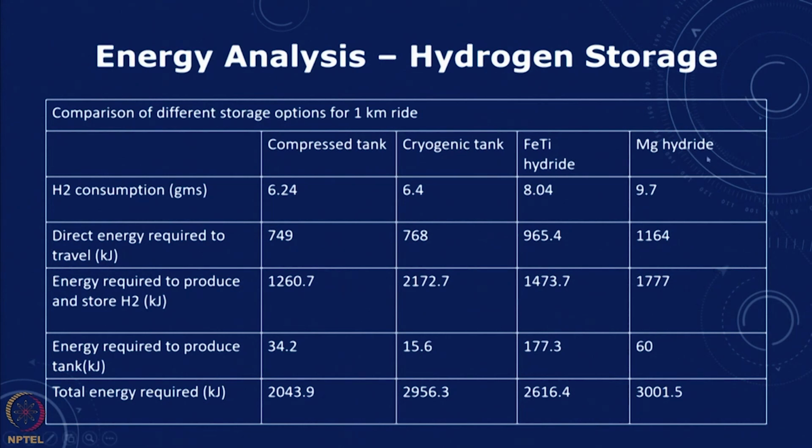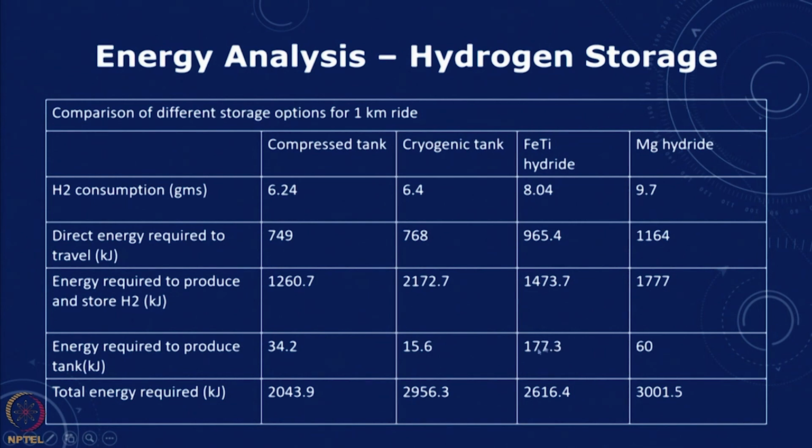So we can look at magnesium hydride and FeTi hydride, and for a certain distance which we are riding, we can see the amount of energy being consumed: the direct energy required for travel, the energy required to produce and store the hydrogen, and the energy required to produce the tank, and so we get the total energy required.